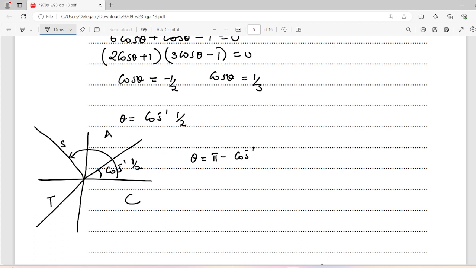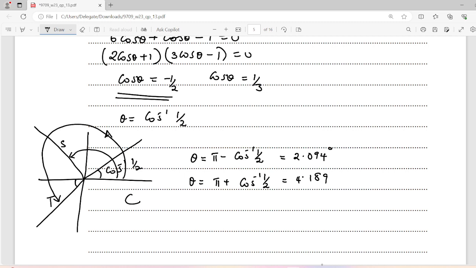So get your calculator and you get the answer. And make sure, please, your calculator is in radians. So my calculator is giving me that. Then another angle will be this one here, which will be pi plus this acute angle that you got. So another angle is going to be pi plus cos inverse of a half, which is going to be 4.189. This was for cos theta being negative a half.